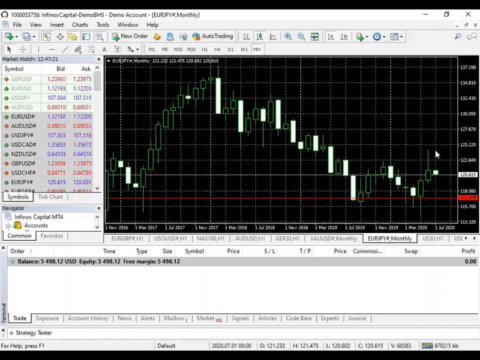So if my sentiment for Euro JPY is sell, maybe because I'm looking at buying the Japanese yen, then I may wait for it to get to this resistance, then I sell. You can pick your lines here. There's a horizontal line.